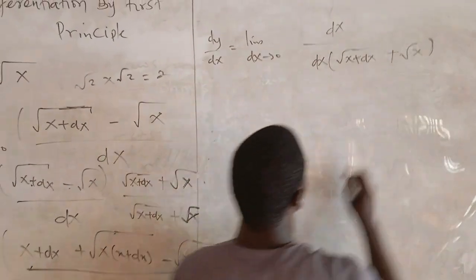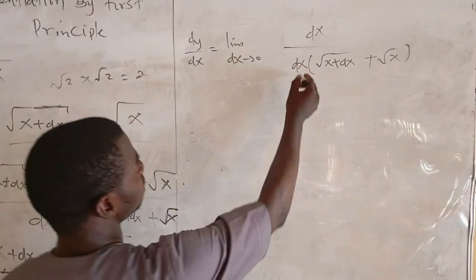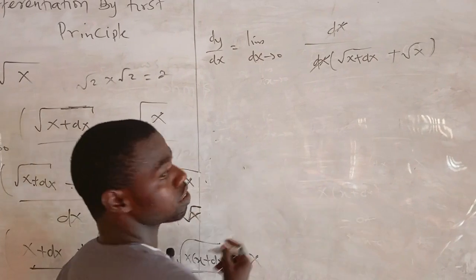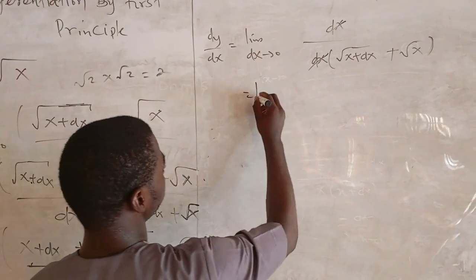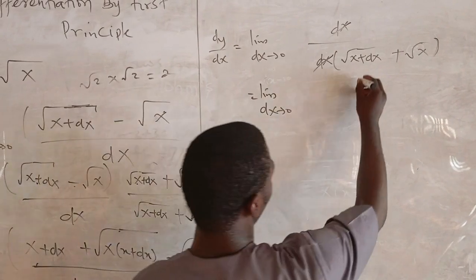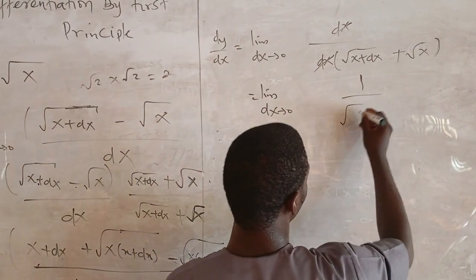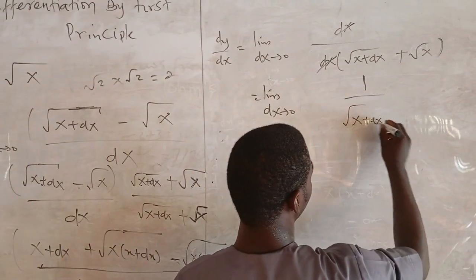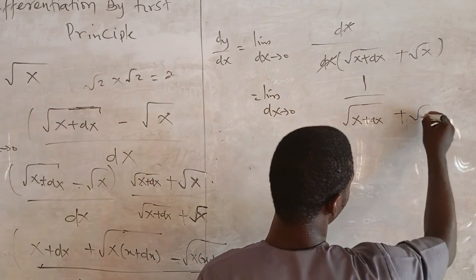We can see that this can cancel out with this, so we are left with the limit as dx approaches 0 of 1 all over root of x plus dx plus root x.